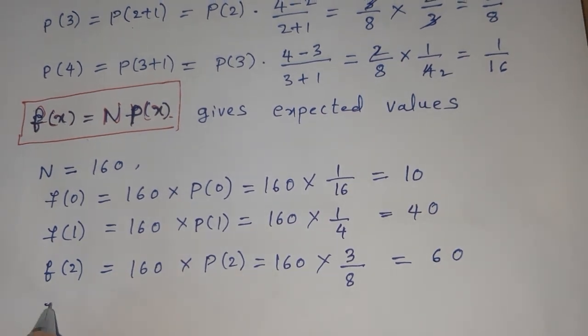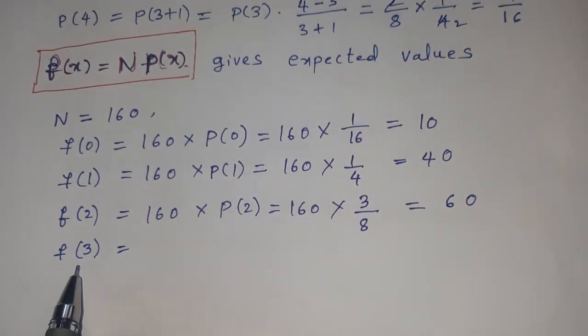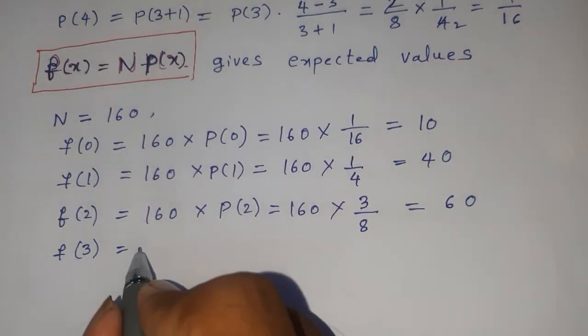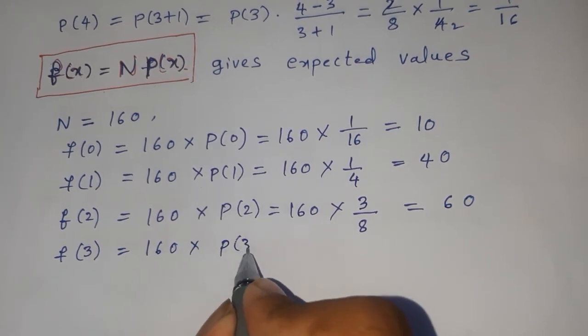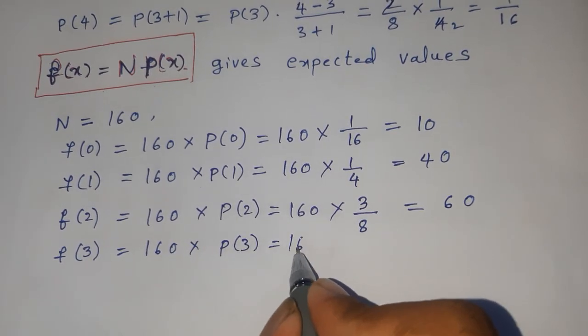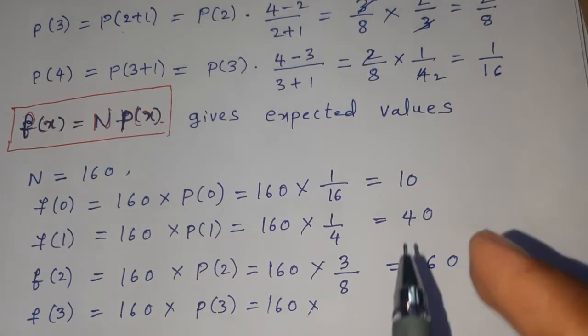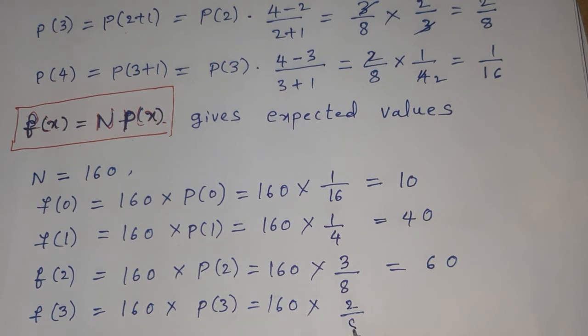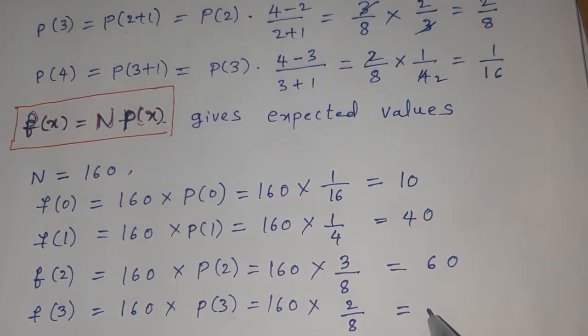Now f of 3 for getting 3 heads: 160 into the probability for 3 successes, that is 160 into p of 3, which is 2 by 8. 8 into 20 is 160, so 20 into 2, 40.